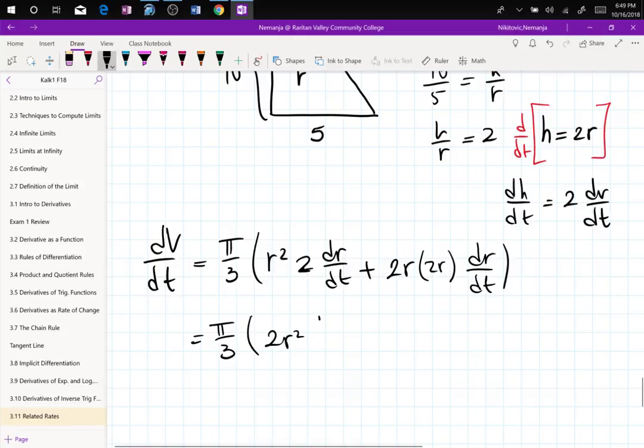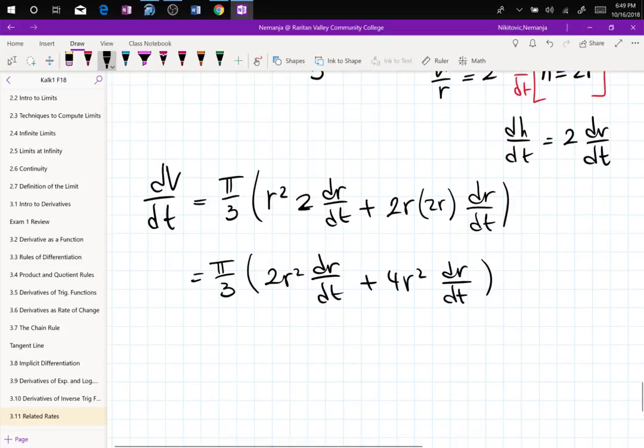You get 2r squared dr/dt plus 4r squared dr/dt, for a total of 6r squared. And then pi over 3. So we have pi over 3 times 6r squared dr/dt, which is equal to 2 pi r squared dr/dt.